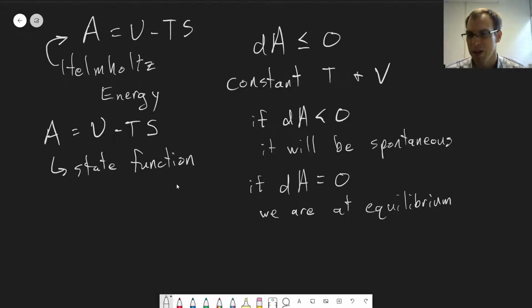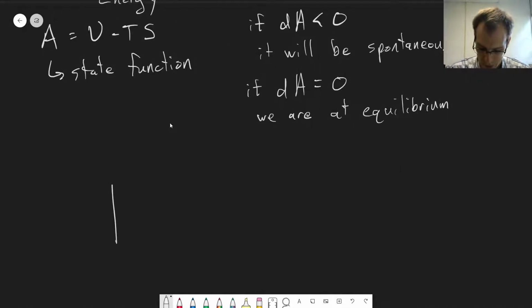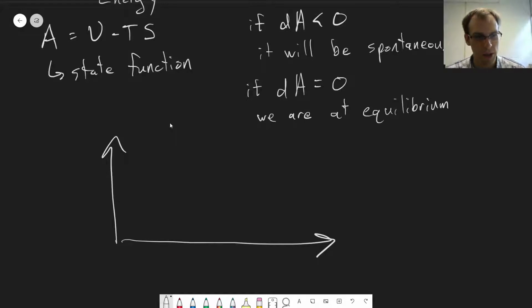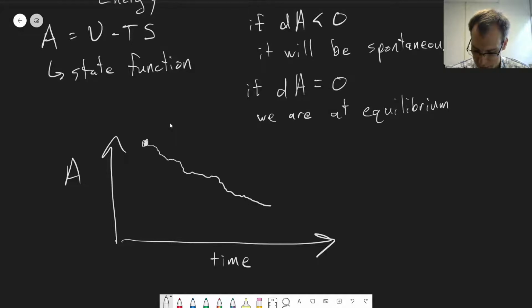One way we can visualize this graphically, and we sort of looked at this with entropy as well, is if we have a plot of the Helmholtz energy of our system as a function of time. Maybe our system starts with some value up here. Over time, some spontaneous processes will happen, and we'll eventually reach a minimum.